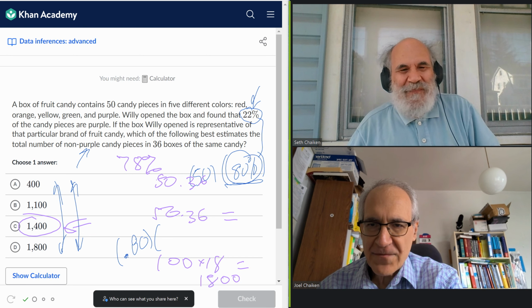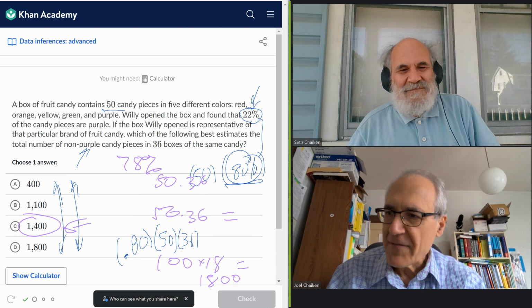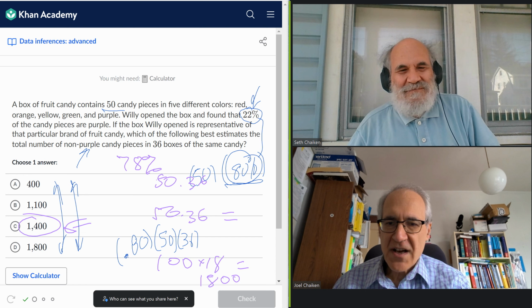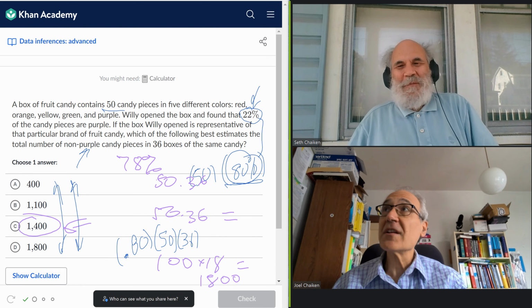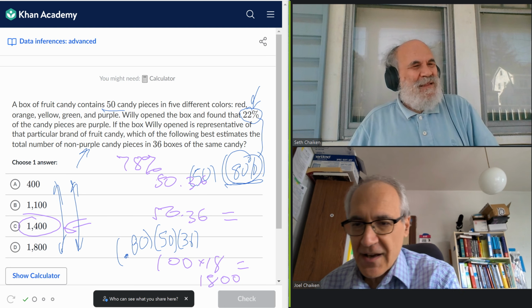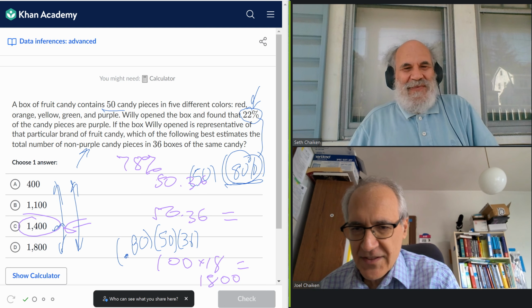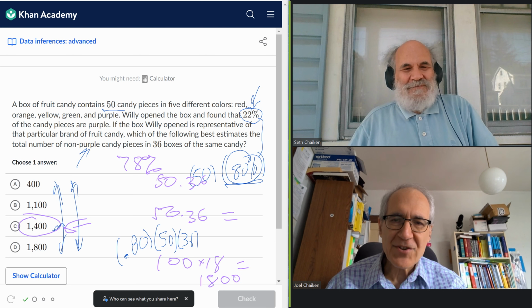So 0.8, and there are 50 candy pieces in each box and 36 boxes, so you multiply this out. Everyone will have a calculator on the digital side, so you can use a calculator or not, and you would get something near 1,400. So you don't have to do this problem exactly.